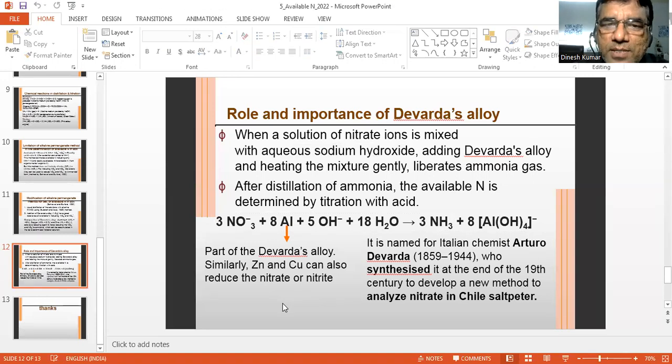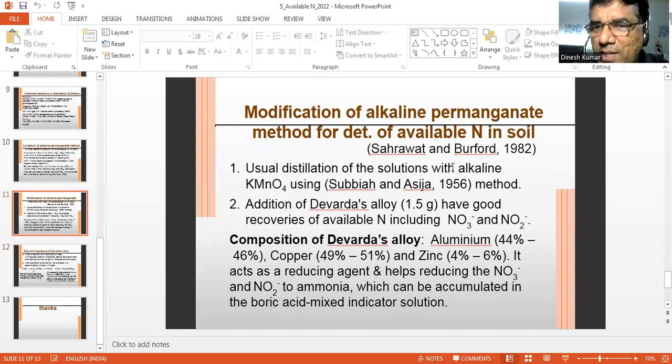So this is how the complete estimation of available nitrogen in soil is done. So you can remember that this Subbiah and Asija method 1956 does not estimate nitrate and nitrite nitrogen. If you want to estimate it, use Sehrawat and Burford's modified method.